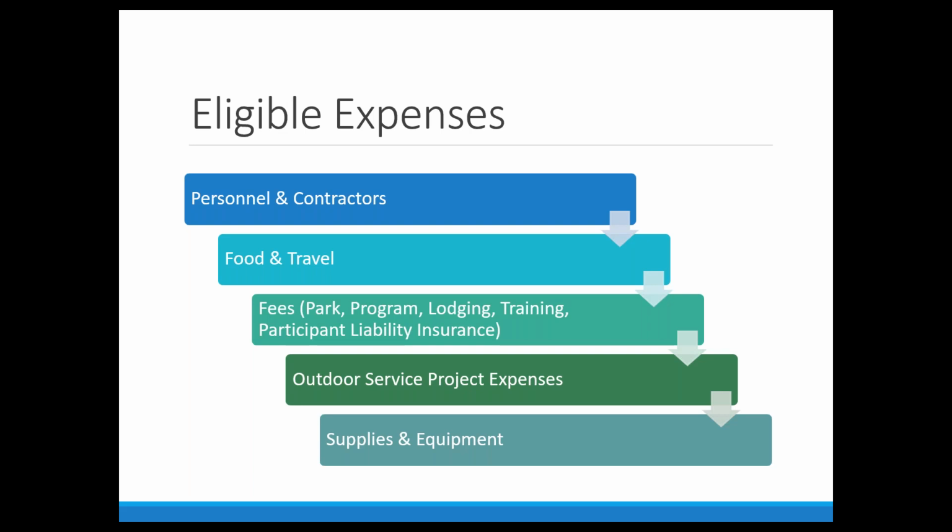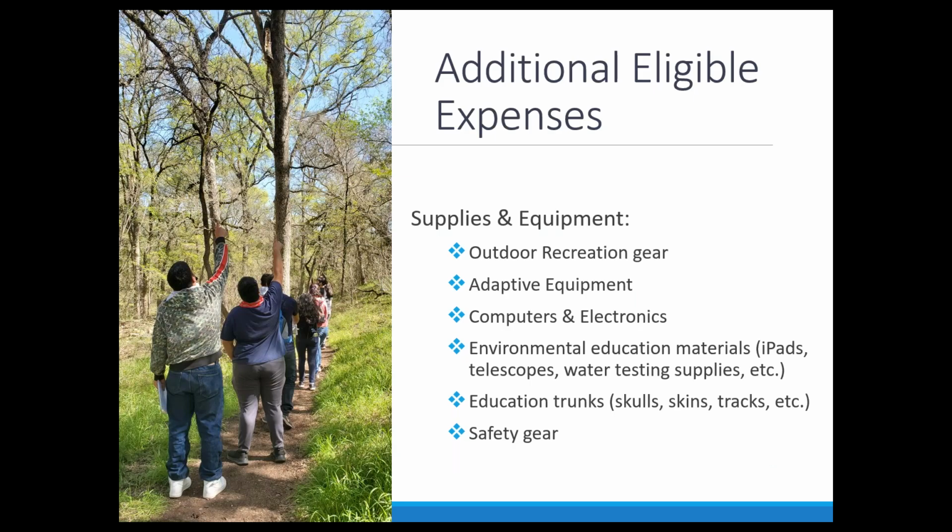And then last up, the biggest section that we see is for supplies and equipment. And so we will pay for all of those supplies that you need to run that program. And for those, we typically see outdoor recreation gear, like all of your fishing or hunting, your kayaks, your camping gear, all of those things are definitely eligible.